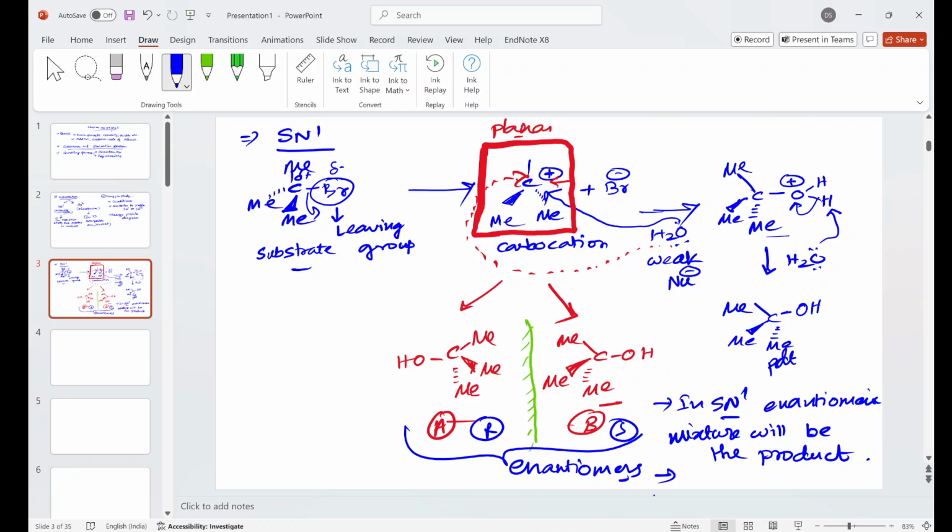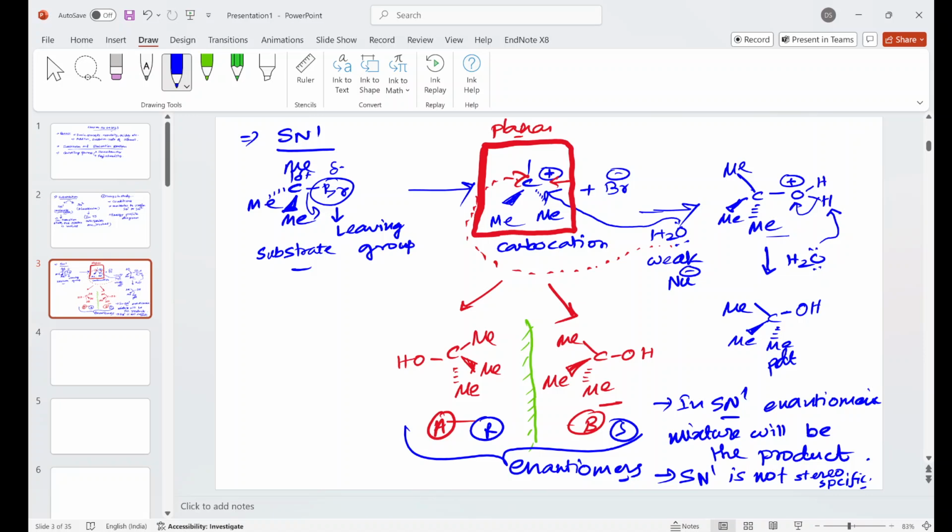What it implies is that SN1 is not stereospecific.